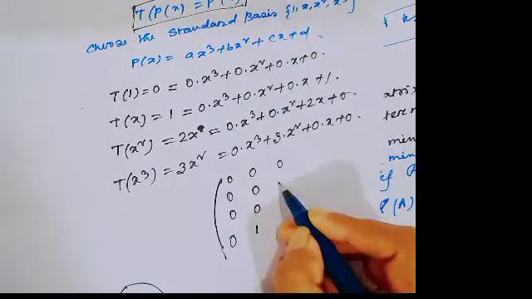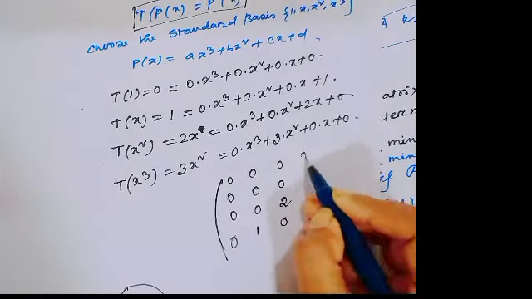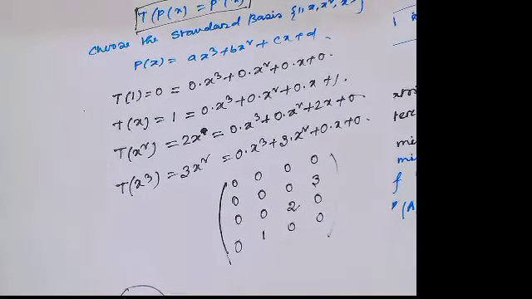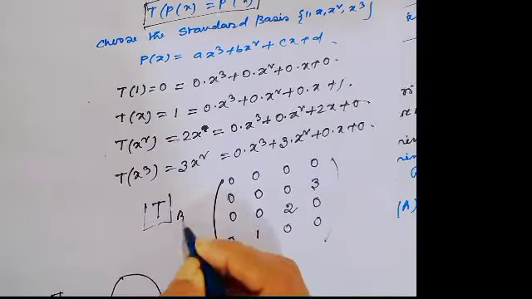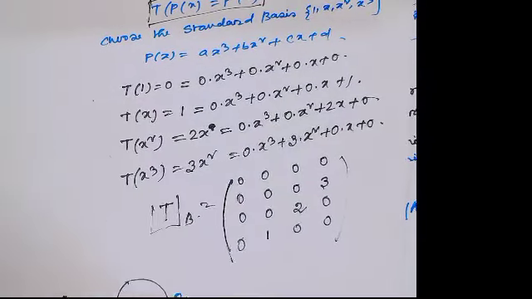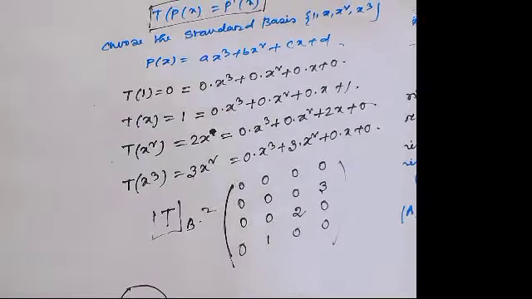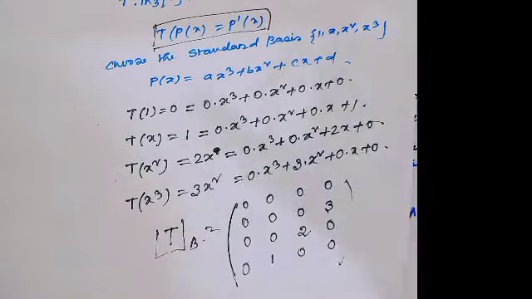For this 0, 0, 2, 0. And for this 0, 3, 0, 0. This is the matrix representation with respect to this standard basis. Are you getting how we have to find any linear transformation by a matrix representation? Oh well.